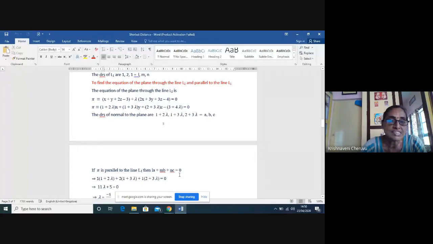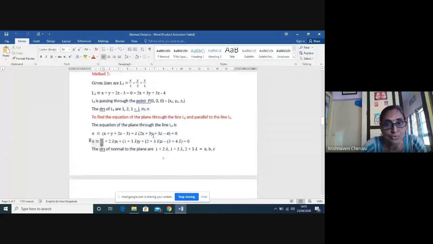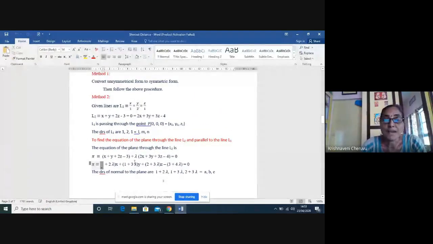What we are doing here, girls, I explain to you once again. We are finding a plane passing through the line L2 and parallel to the line L1. A plane is parallel to the line L1 means the normal to the plane is normal to the line. Okay. So the normal to the plane pi is normal to the line L1.